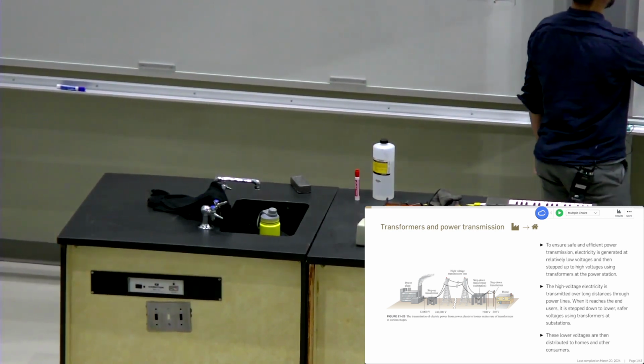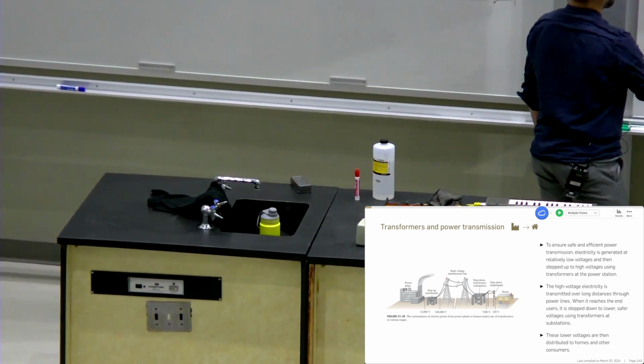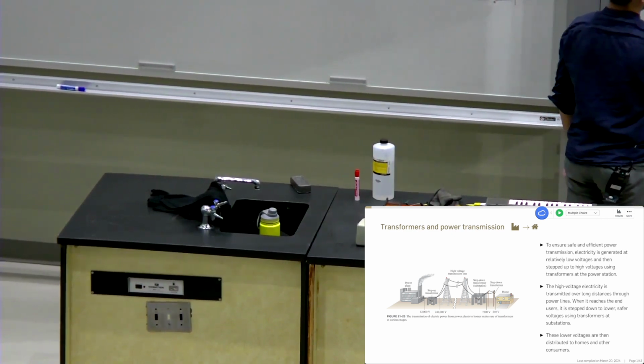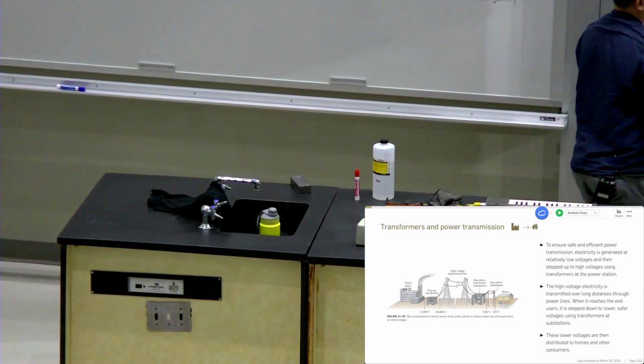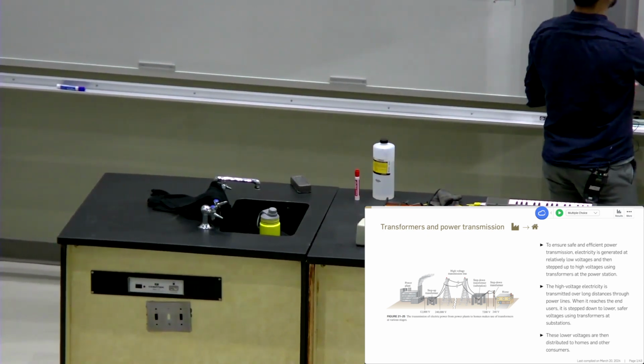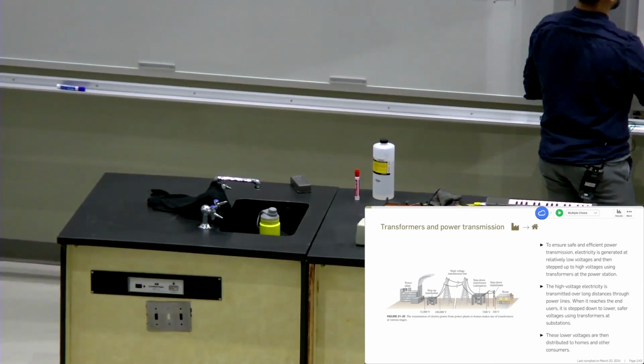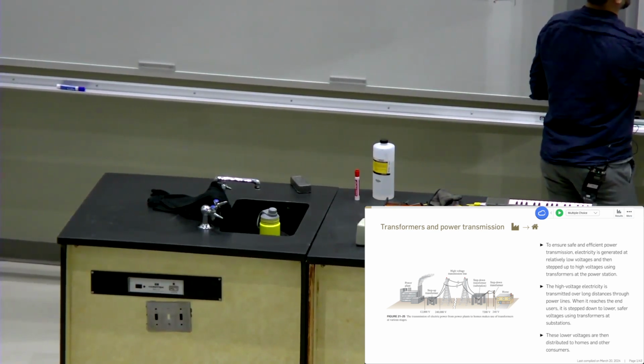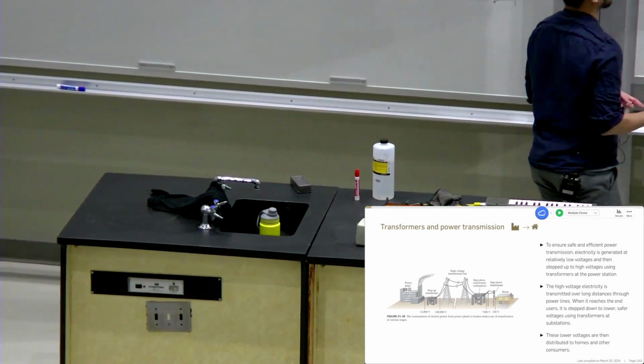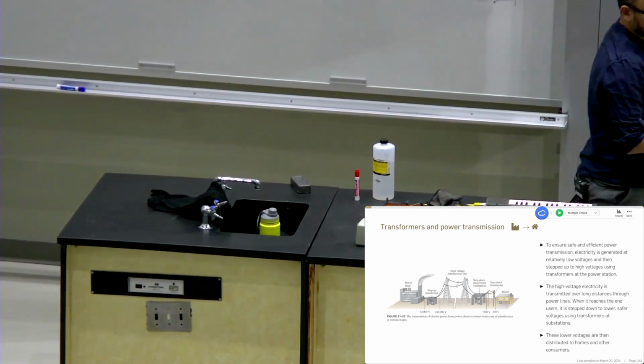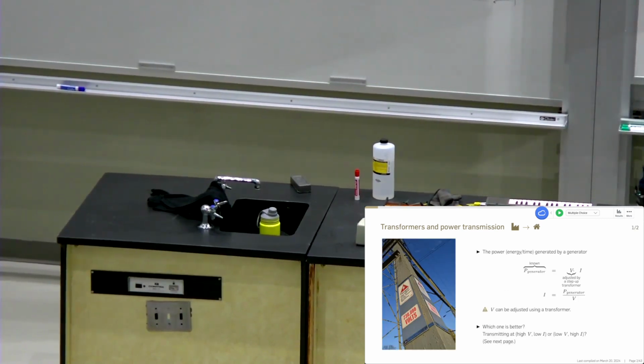So EMF1 divided by N1 is equal to EMF2 divided by N2, and of course, you can rearrange this equation however you want. Basically, the EMF is proportional to the number of turns. And we did this last time.